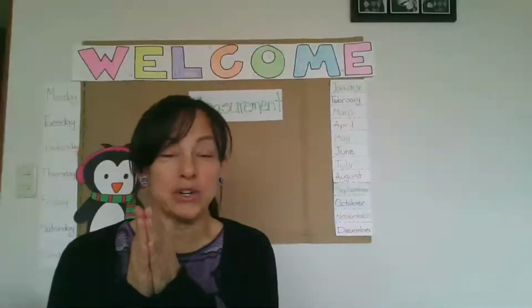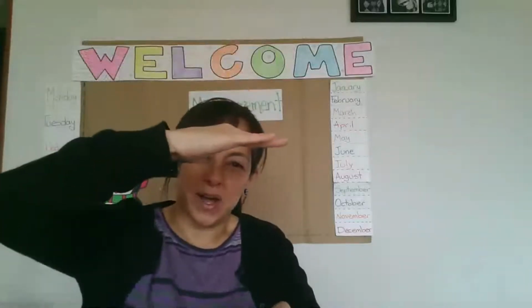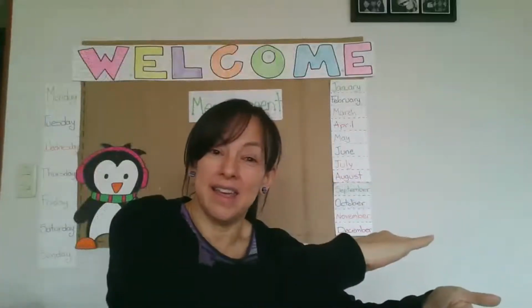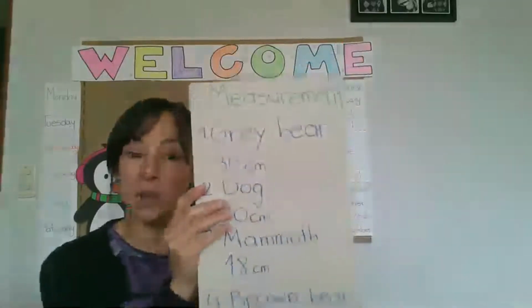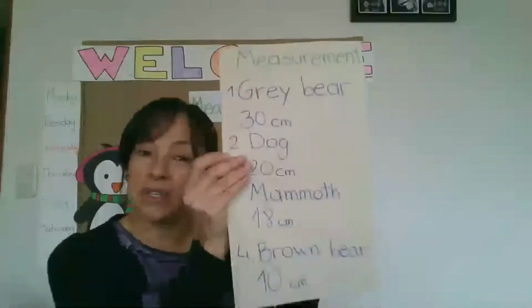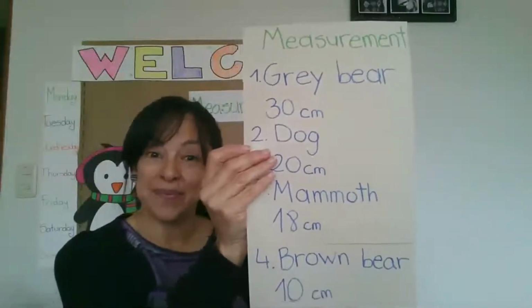You are going to measure first the tallest one, then the next one, and finally the small one. And you are going to measure how tall those toys are, and you are going to write down the information like we did today, like we did with my toys. Okay? So you are going to do the same at home to learn how to use the ruler, how to measure with a ruler.